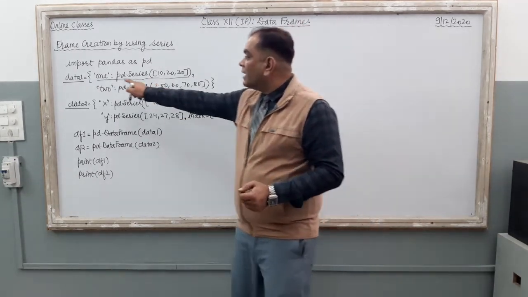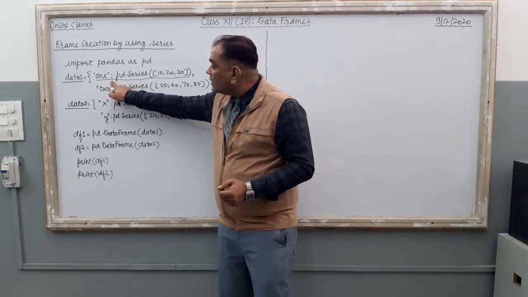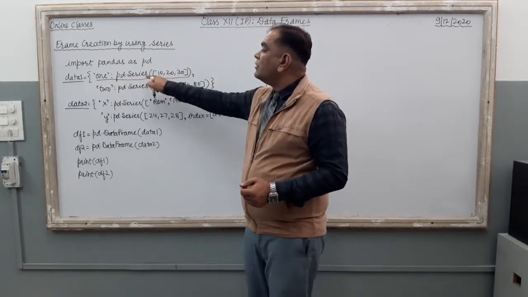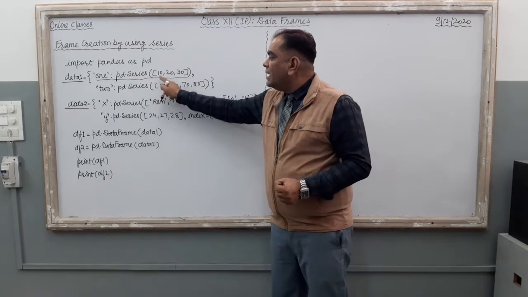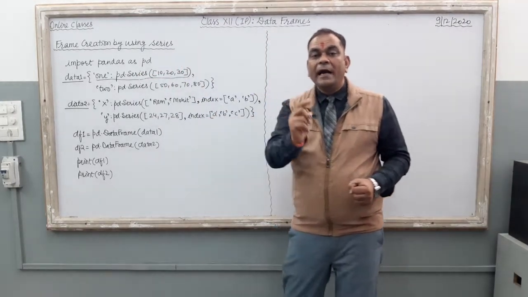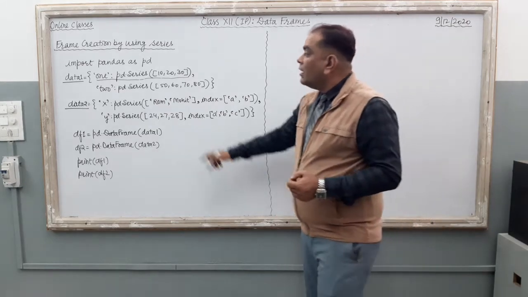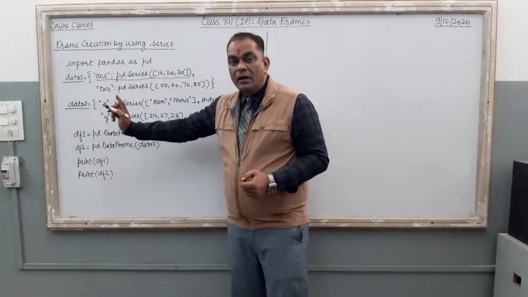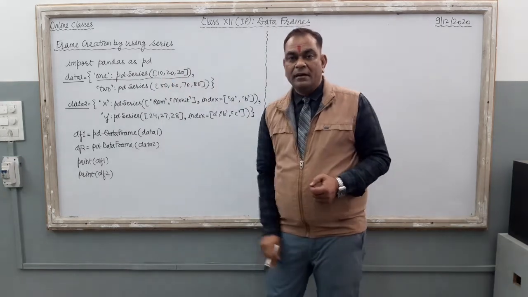So here the key is 1 and colon, the value is based on the data series. Just see pd.Series bracket 10, 20, 30. Here the series is created by using list object, right? So the data element 1 of the dictionary holds the series 10, 20, 30 in it.